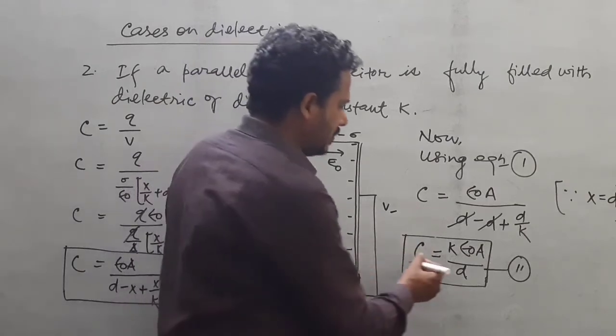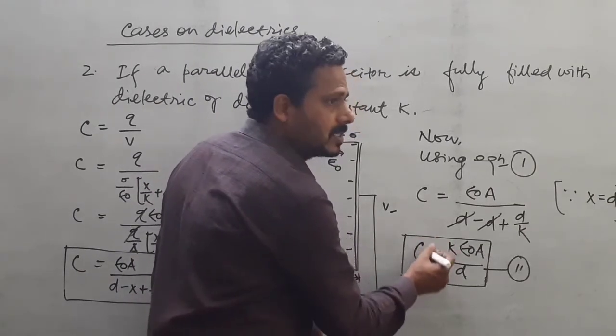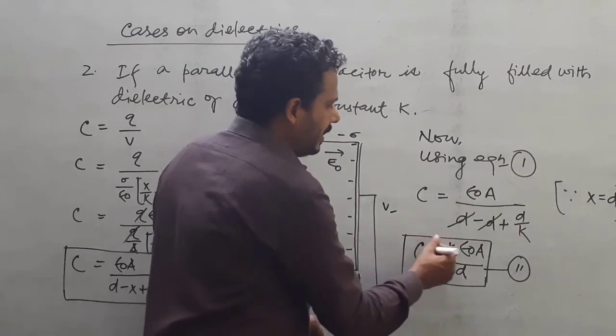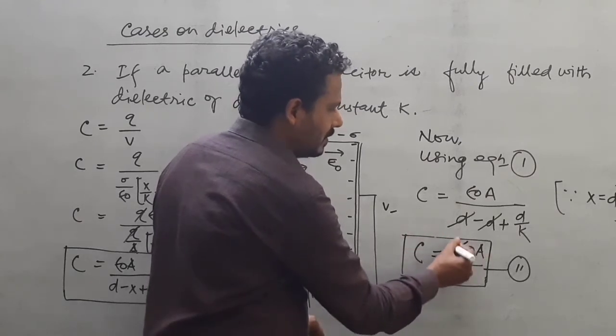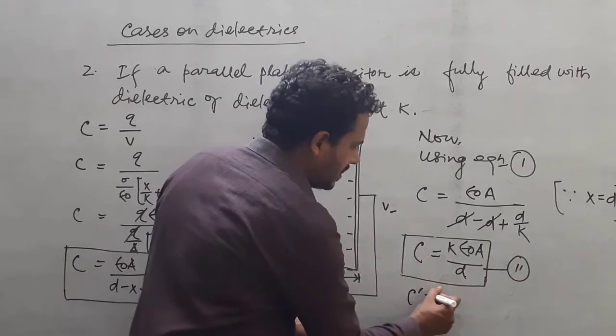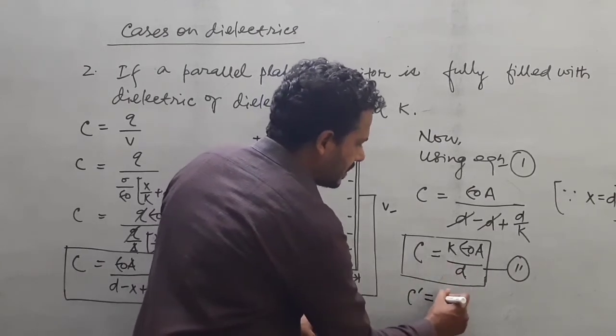Previously we have used this one. Because K will be there, you can write that C dash is equal to K times C.